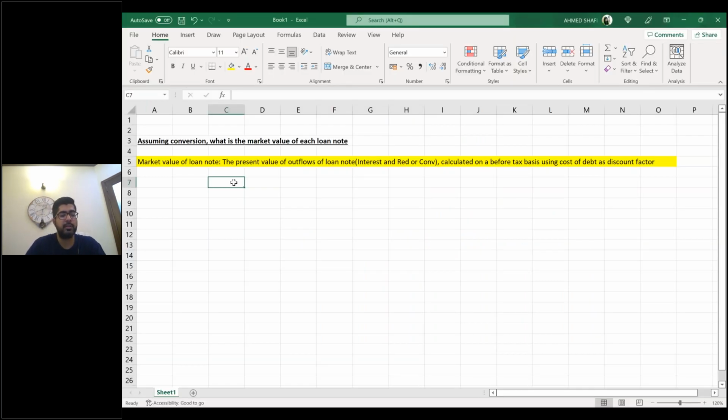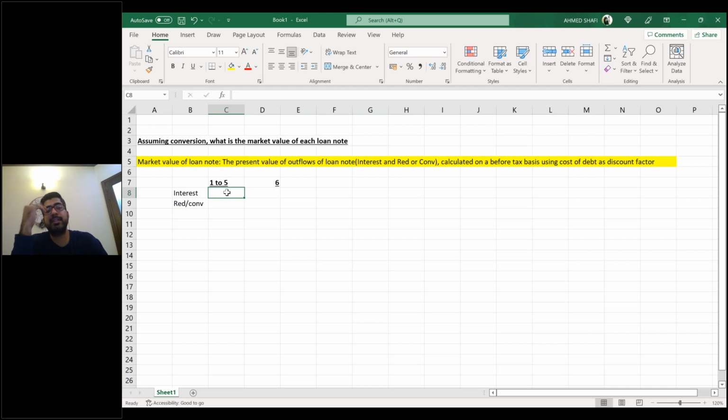So 1 to 5, and 6. 2 headings are made because it is being converted after 6 years. The 2 outflows of this loan note are interest and redemption or conversion, but we are solving this assuming it's conversion.